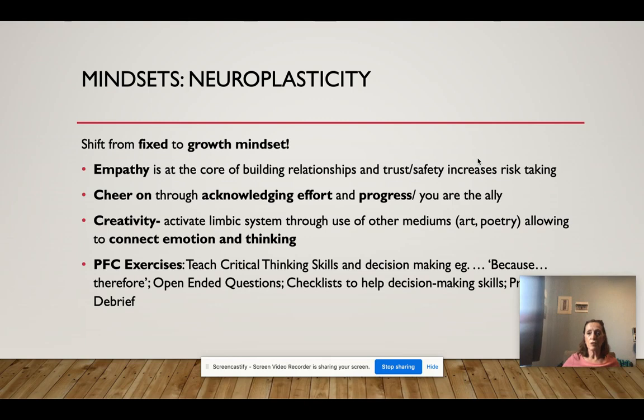Just with those kinds of questions that I just said, why are you doing it this way? And then it's always very good to provide opportunities for debriefing about the learning that's taken place. And that is also strengthening the prefrontal cortex.